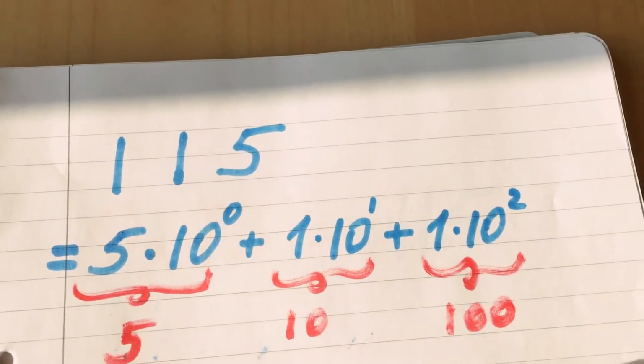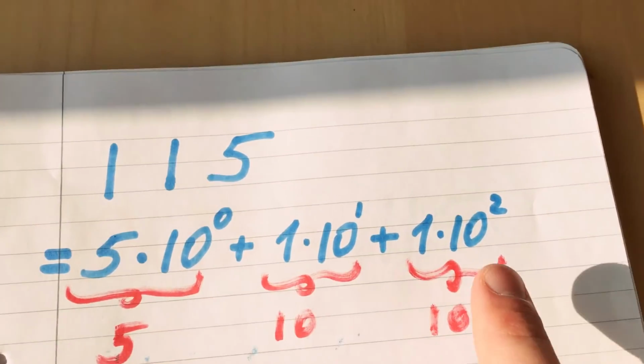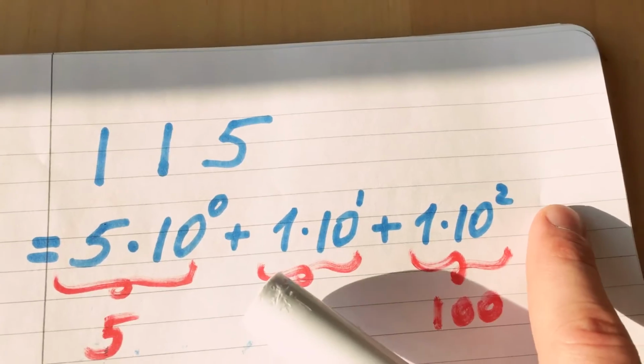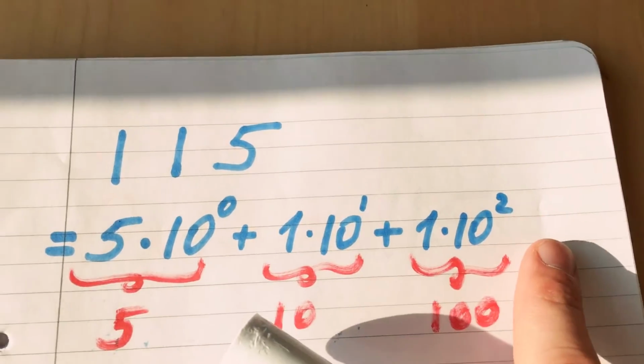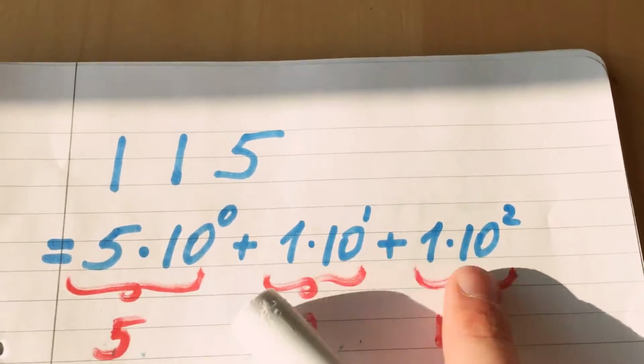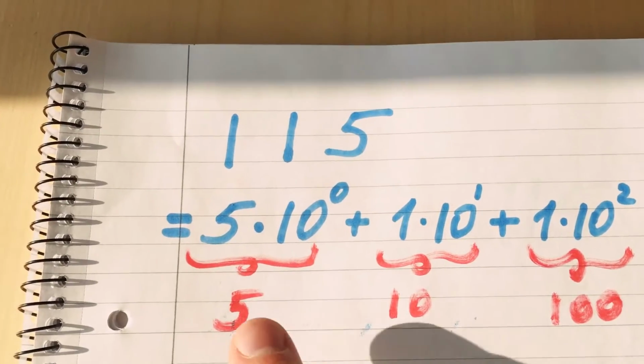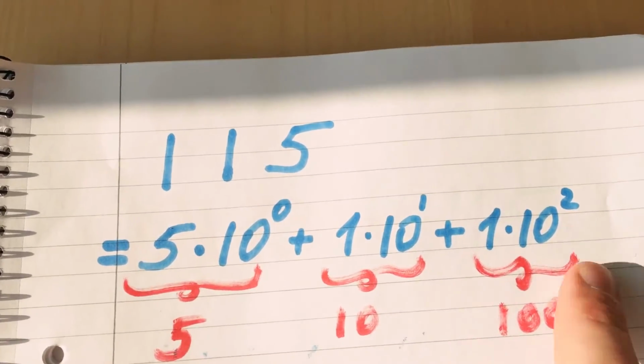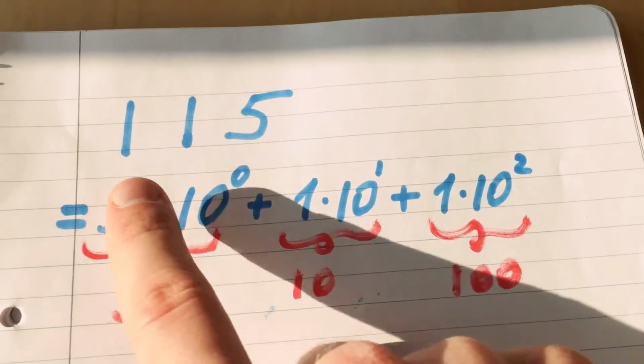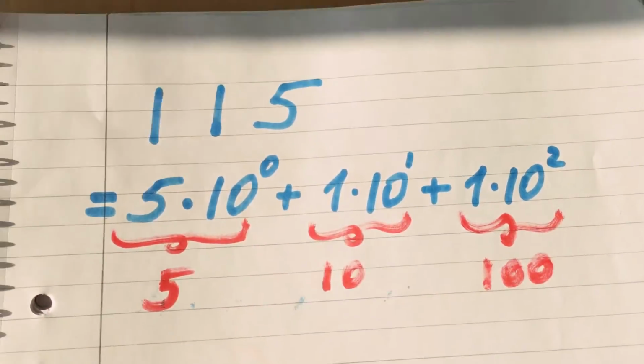If we had more numbers, we would take them times 10 raised to 3, and the next number times 10 raised to 4, and so on. And when we add these numbers together, we get 115.